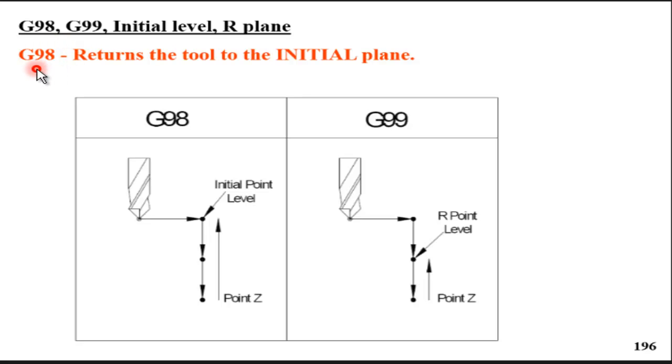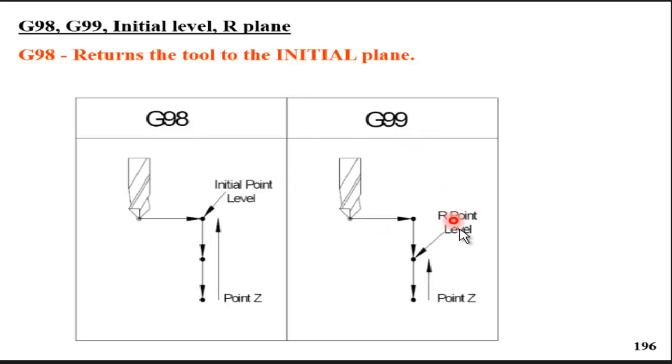If you use G98, it's up to you, your choice, you select whatever you like. Whenever you select G98, the tool will retract to the initial level. When you select G99, the tool will retract to the R level. So this is the difference between G98 and G99.